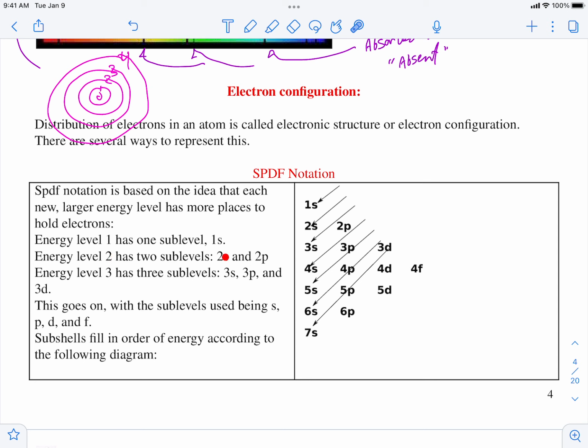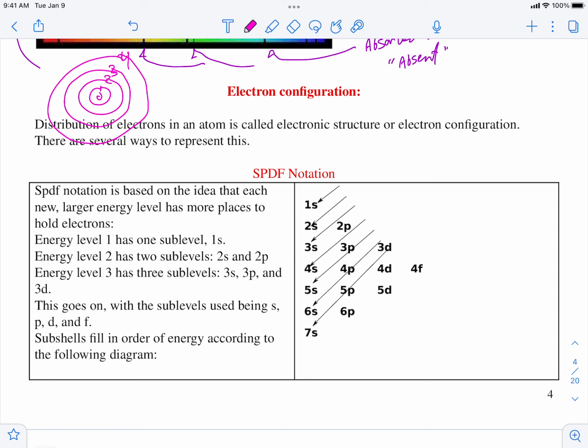It's going to have an S, and a new one, which we call P. So as we progress into bigger energy levels, we see that there are more sublevels. Are you guys okay with that? The higher the energy level number, the more sublevels there are. I know this diagram doesn't show all of them. We could continue to add to it, but there's not really a need for it, which I'll explain later.